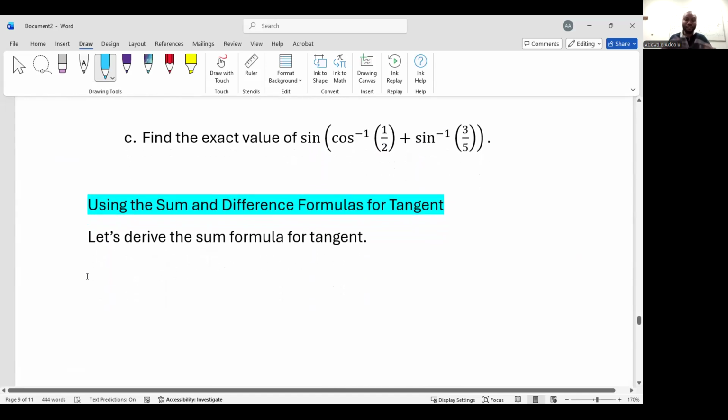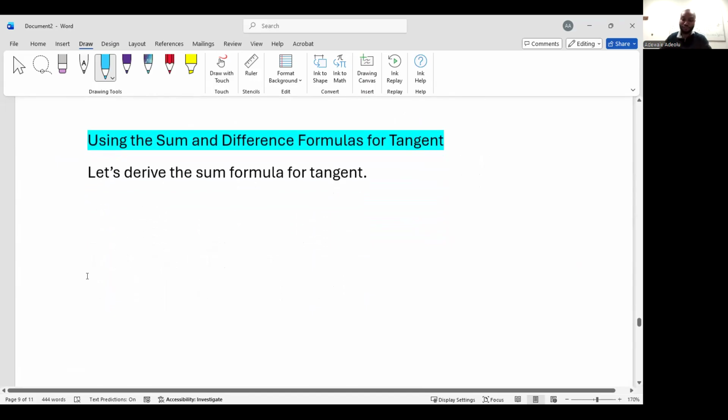The same thing we did for sine and cosine, briefly, let us do that for tangents.